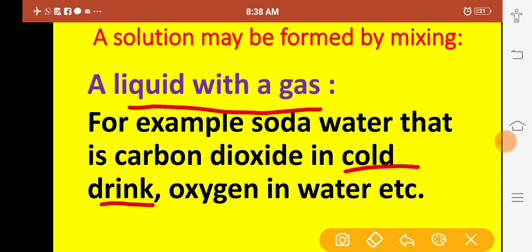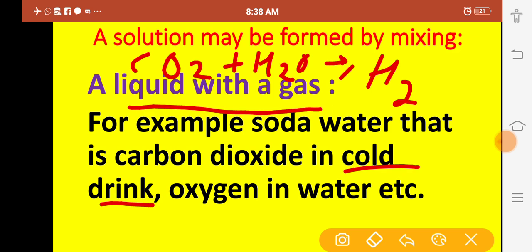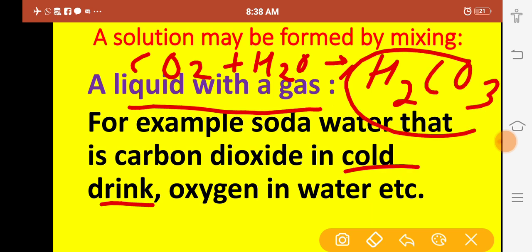Dear students, why do we need to add carbon dioxide in the cold drink? See, carbon dioxide, CO2, when it comes in contact with water, forms carbonic acid, H2CO3.